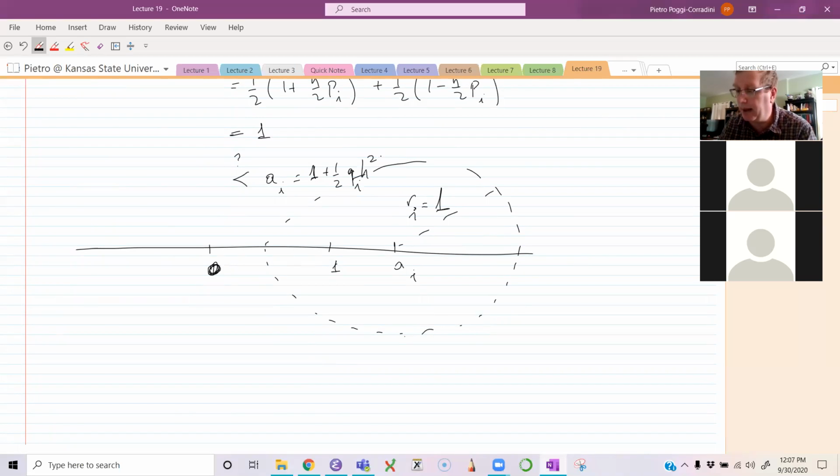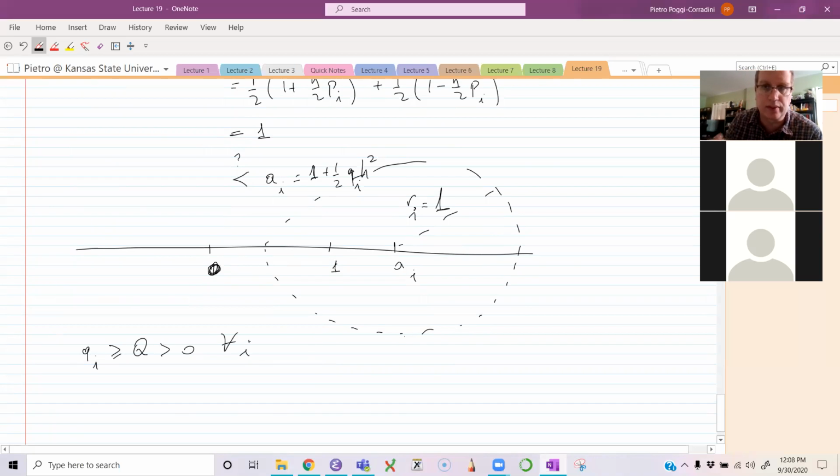And in fact, part of the hypothesis was that qi was always greater than some positive q, for every i. This was in the hypothesis at the very beginning.